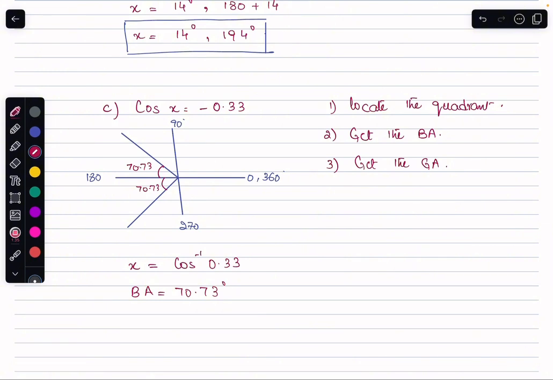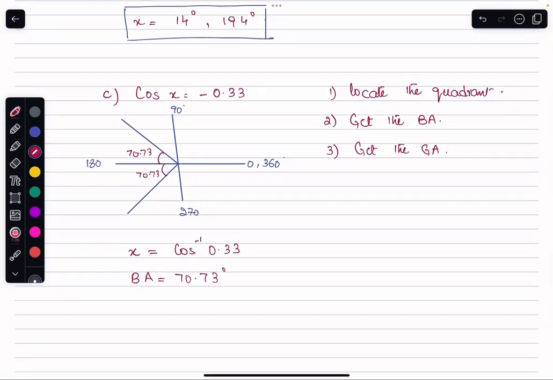Now we have to move to the third step, which is to get the general angle. So to get the general angle, my x value shall be equal to, now in the second quadrant, the general angle, meaning the angle starting from here up till the line, should be 180 minus 70.73.